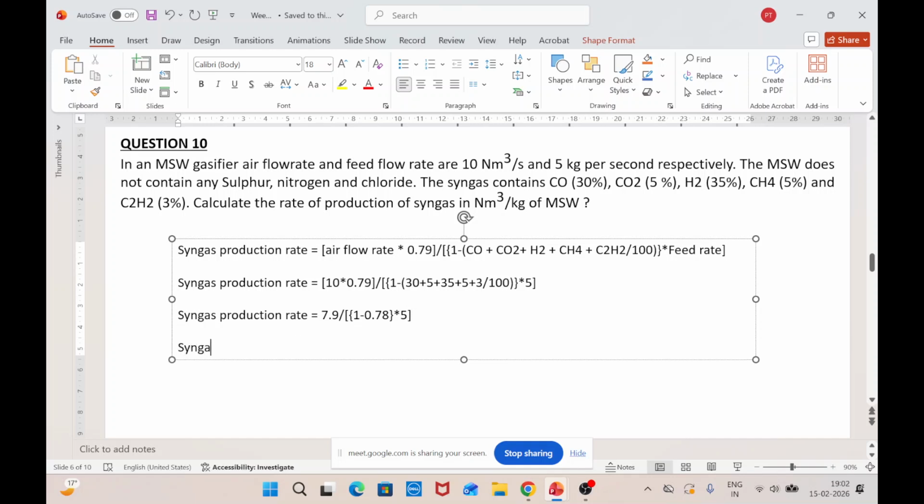So the syngas production rate is 0.22 times 5, which is 1.1.